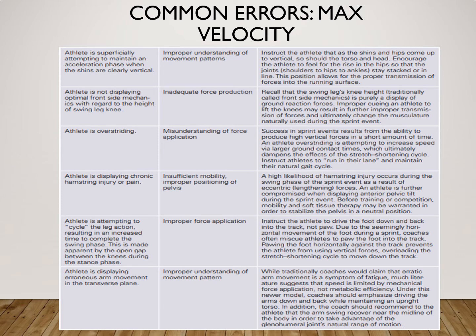So the excess or erroneous arm movement in that plane can significantly impact our maximal velocity, our running speed. We want to maintain everything in effectively as single a plane as possible. We don't want to be crossing over in the transverse plane, causing a loss of energy and an inefficient movement pattern.